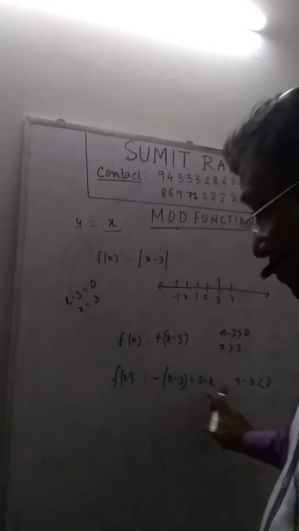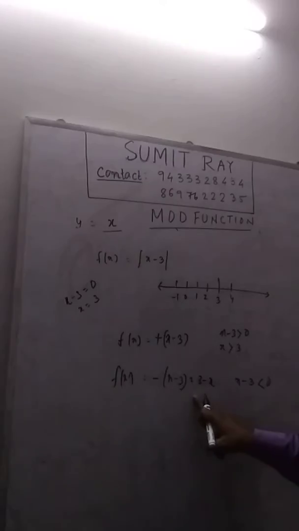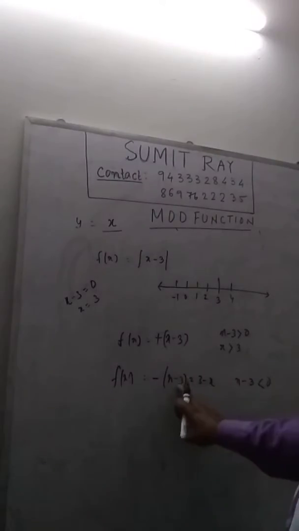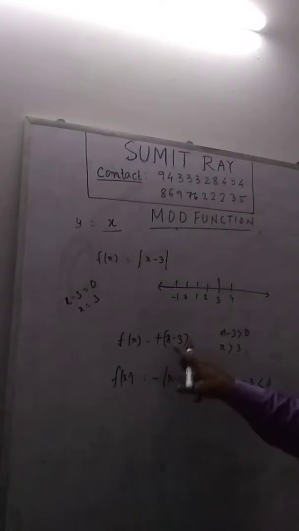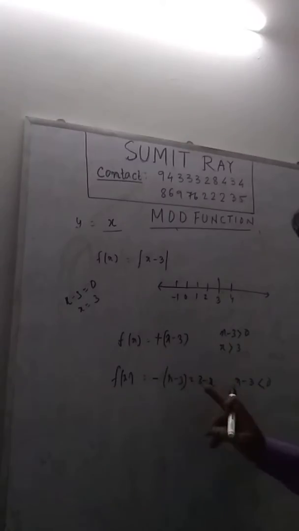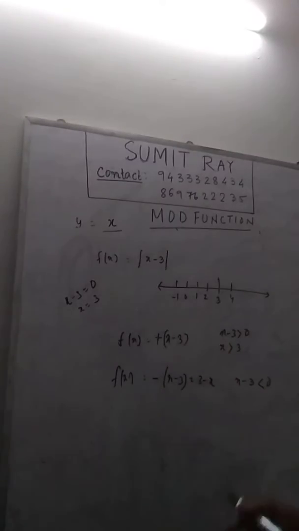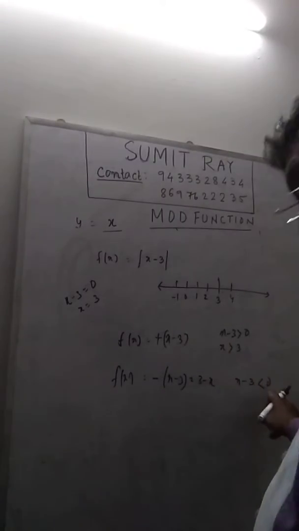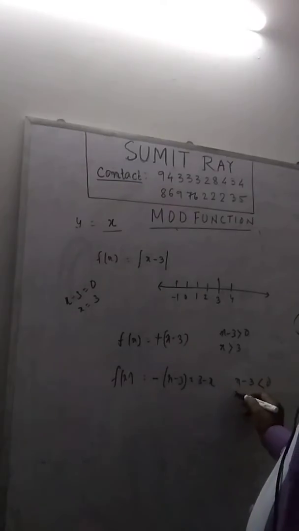In this way you break it: x minus 3, or minus of x minus 3 if x minus 3 is negative. Negative negative is positive. Therefore x minus 3 negative means x is less than 3.